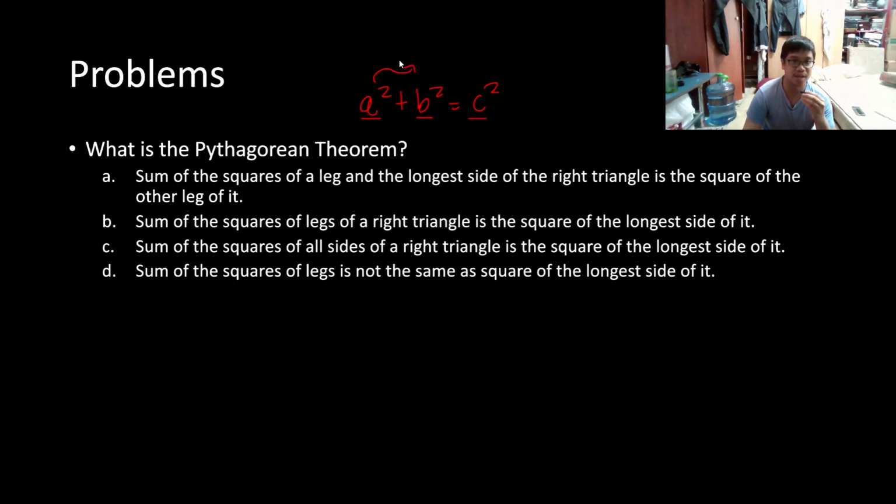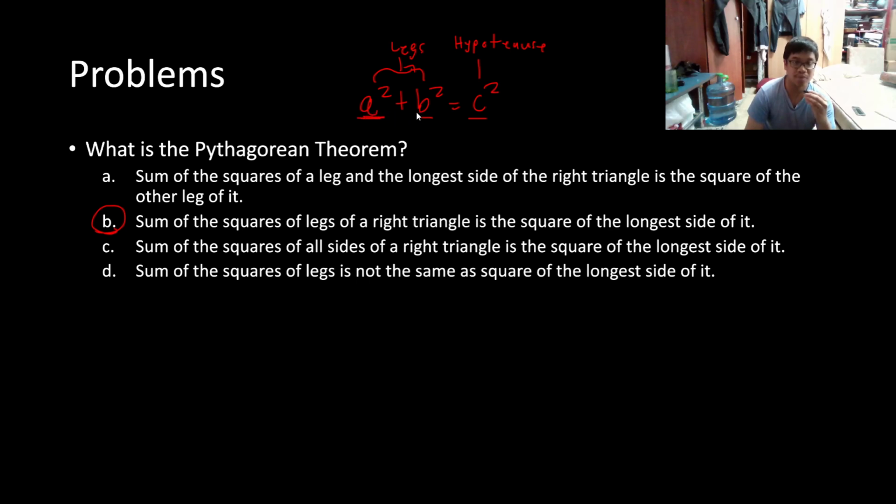Let me label these as the legs. All right. So the correct answer here is letter B. Sum of the squares of the legs of a right triangle is the square of the longest side of it.